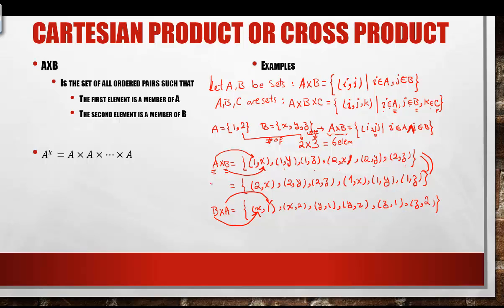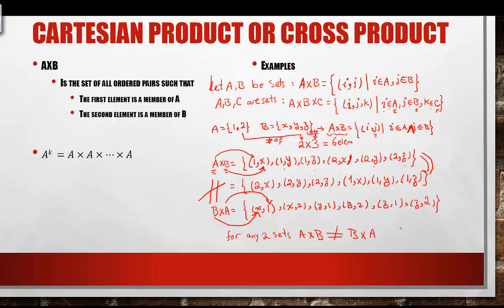So from this you should notice that the cross product of A and B is not equal to the cross product of B and A. In fact, for any two sets, the cross product of A and B may not be equal to the cross product of B and A. There may be some sets, though, where the cross products are equal.